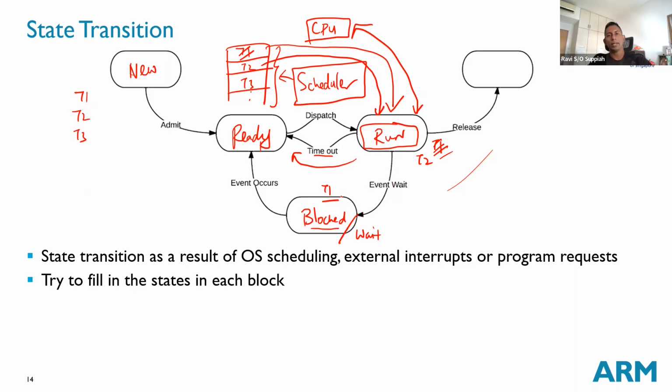So when a task is blocked because of some resource issue and the resource is now available, the task will unblock and transition to the ready state. So task 1 comes to the ready state, and it will join the queue and wait for its next turn to run.